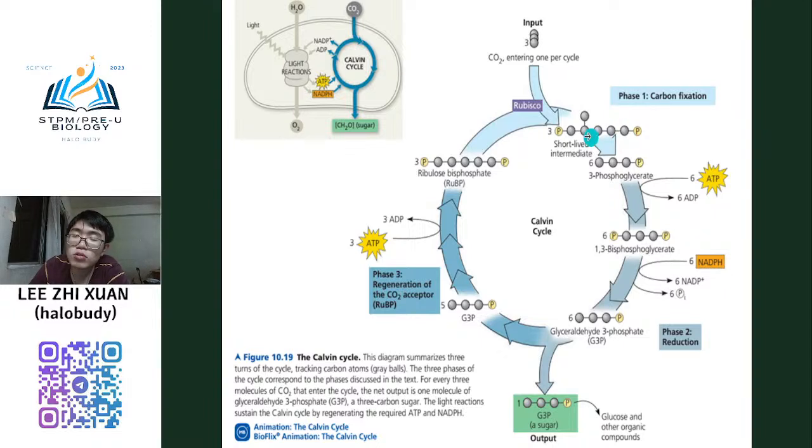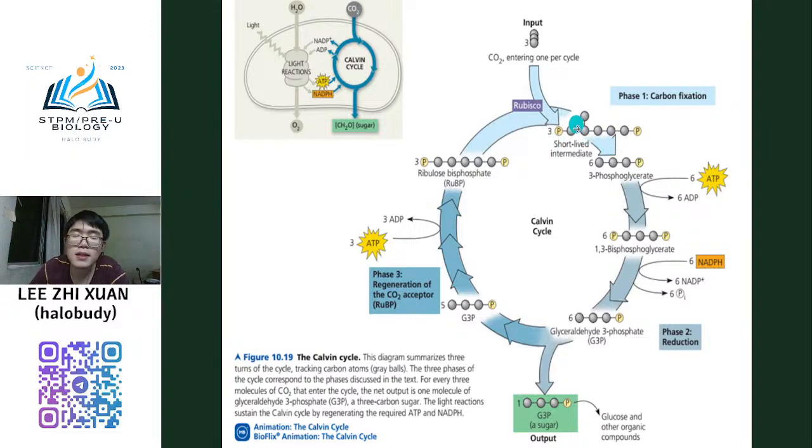You see here 1, 2, 3, 4, 5, 6. You will still remember that this 5 carbon plus 1 carbon will form 6 carbon. So it will form 3 intermediates, each a 6 carbon molecule, and altogether there are 3 of these 6 carbon molecules here.